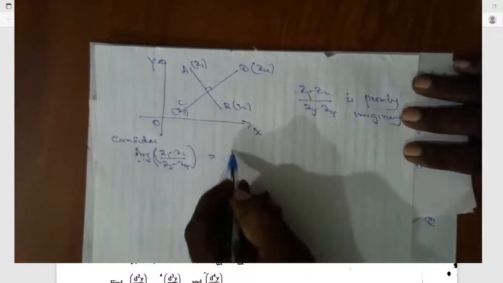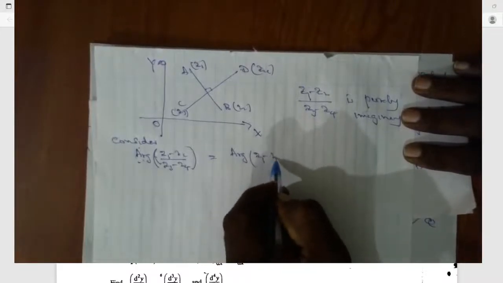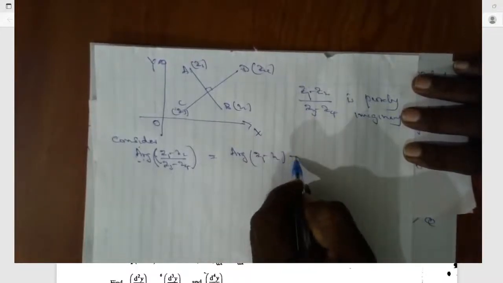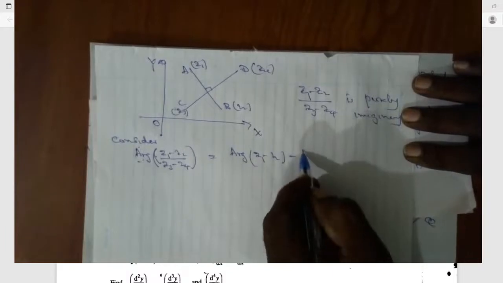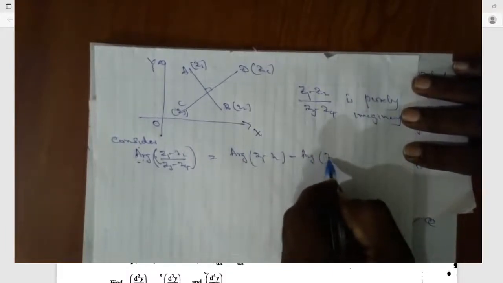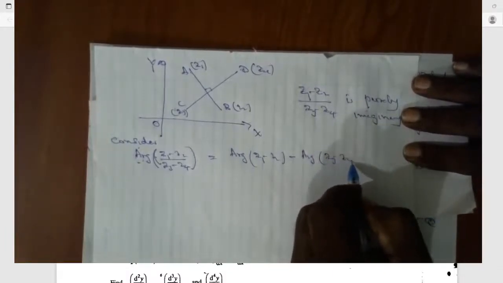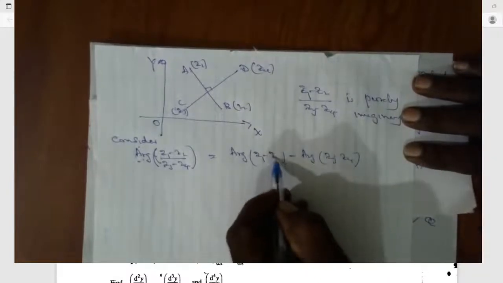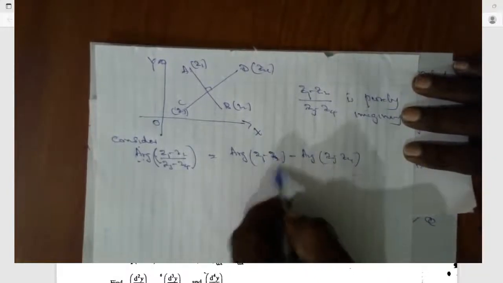This one equals arg C1 minus C2 minus arg C3 minus C4. What is arg C1 minus C2?